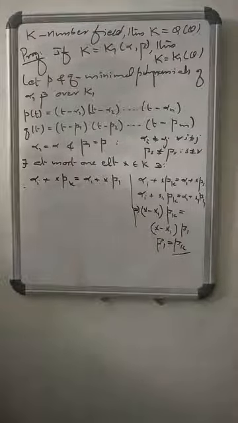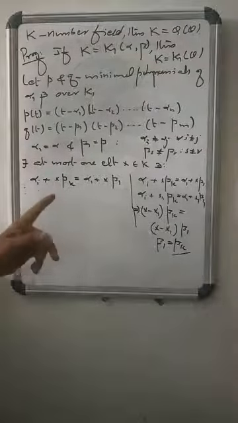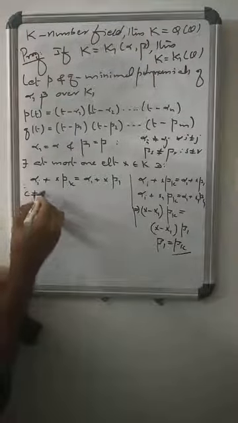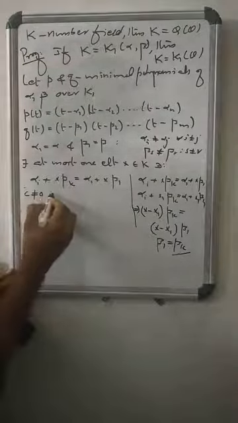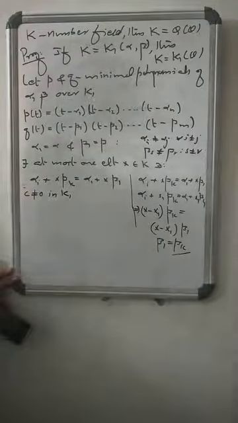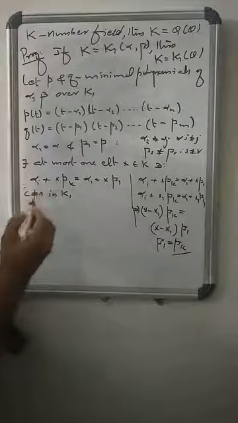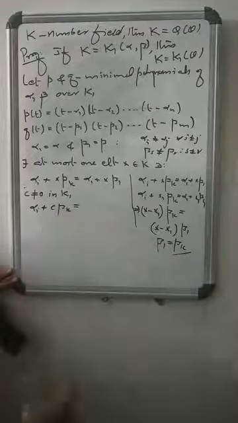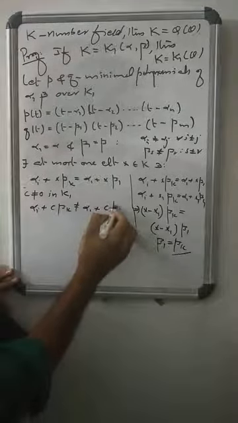Since there are only finitely many such equations, we may choose some c differs from 0 in k1 not equal to any of these x's. Then alpha i plus c beta k differs from alpha 1 plus c beta 1.